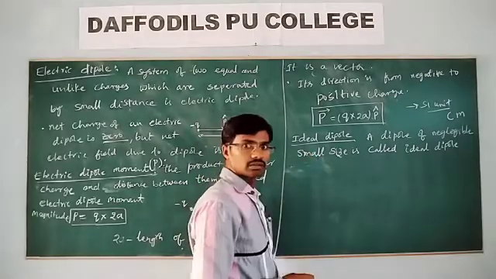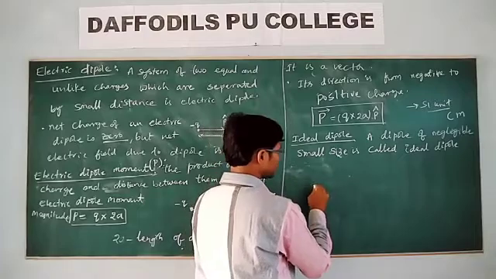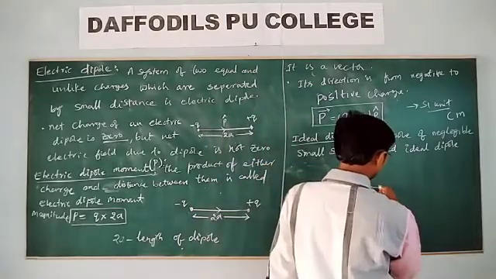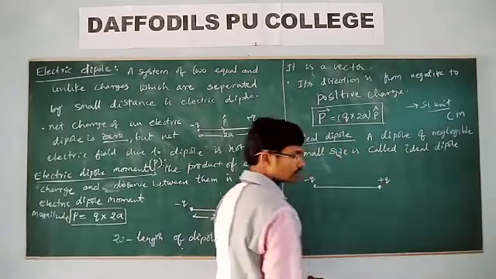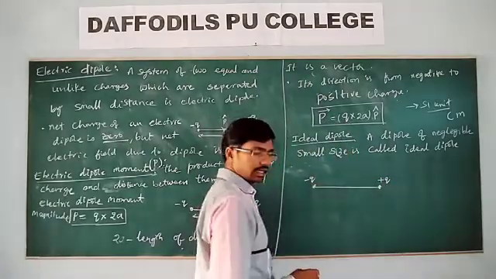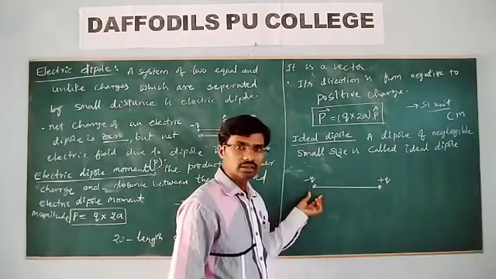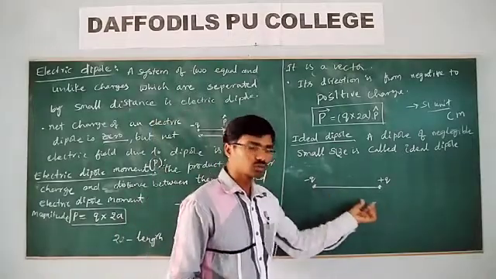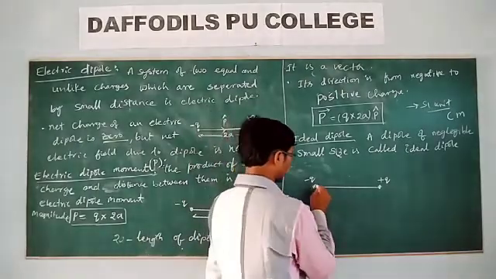Now, this is a dipole moment, electric dipole moment, minus Q, plus Q. A line joining, an axis which is passing through the negative charge to the positive charge, is called the axial line or dipole axis.